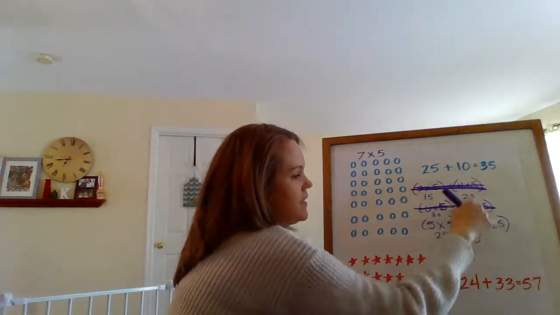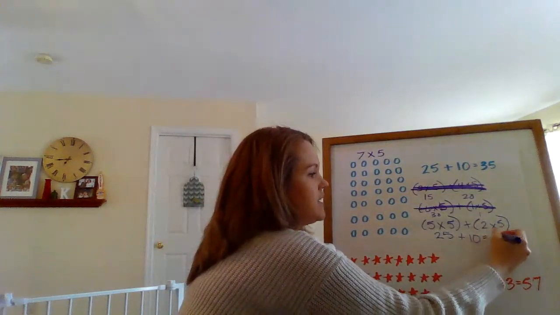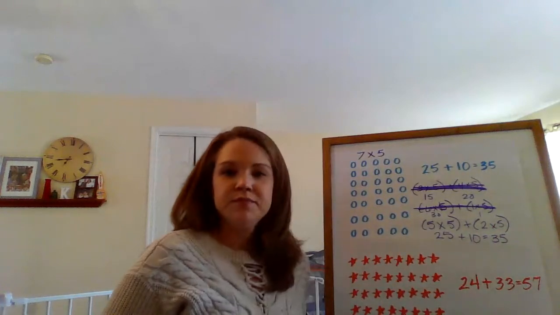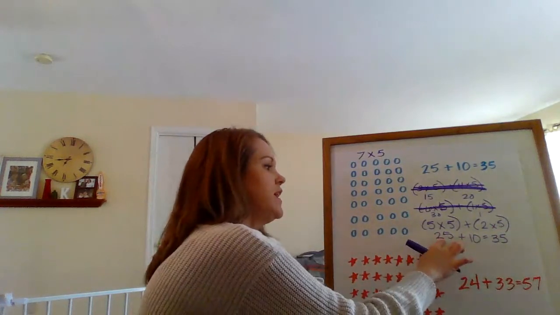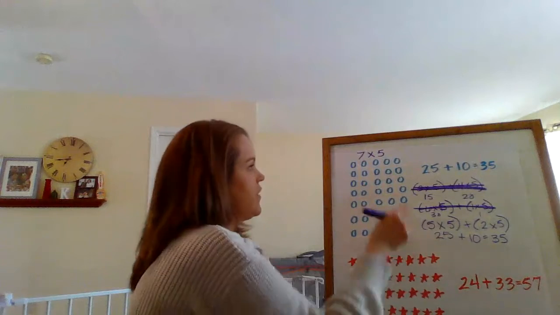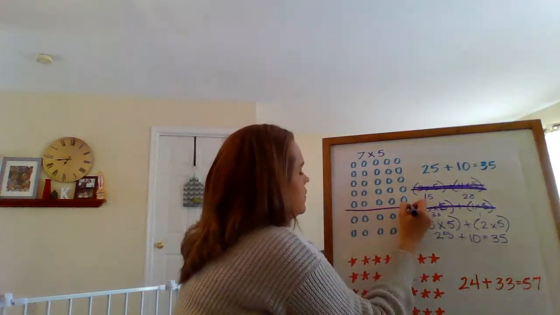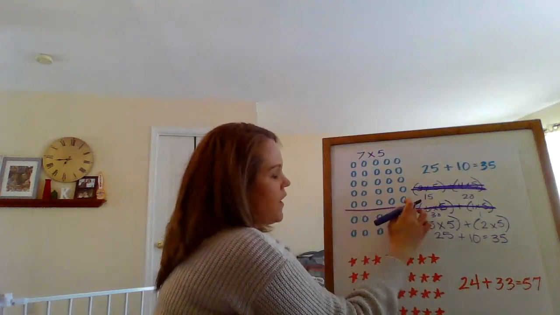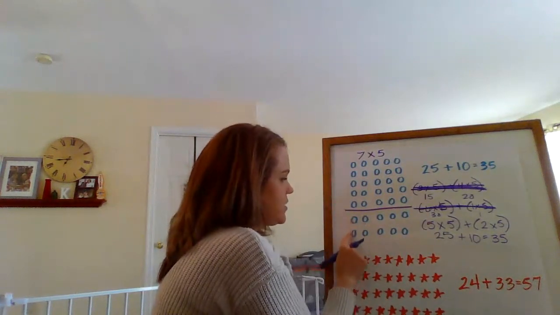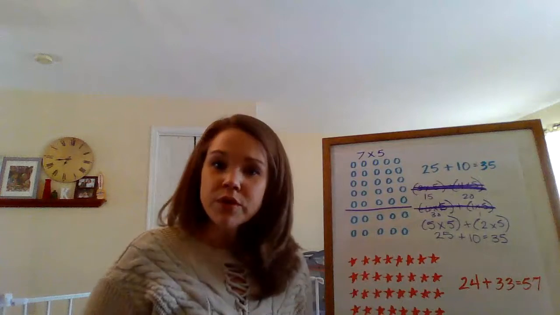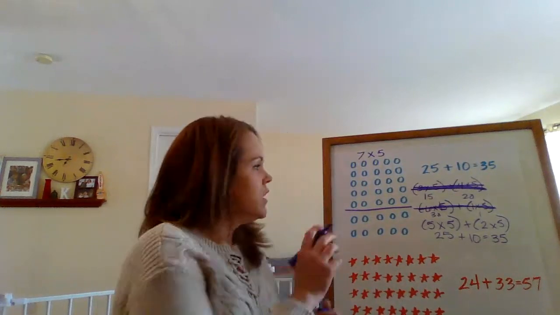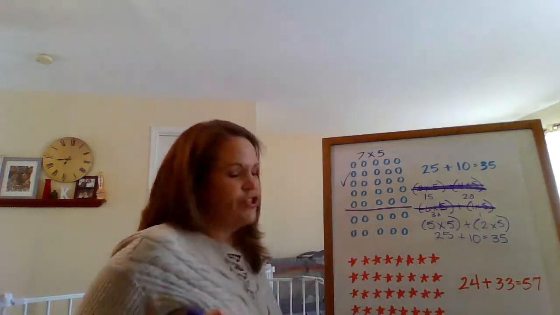Ding, ding, ding! That's what they did. And did they get it correct? They sure did. They did 25 plus 10 to get 35. They took this array and did 5 times 5 plus 2 times 5, so they broke it into those two smaller arrays. All right, great job. Check it off.